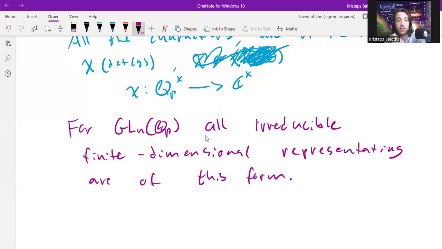So this is exactly all of them. Just taking a determinant of g and then applying this character. And that's kind of surprising, right?